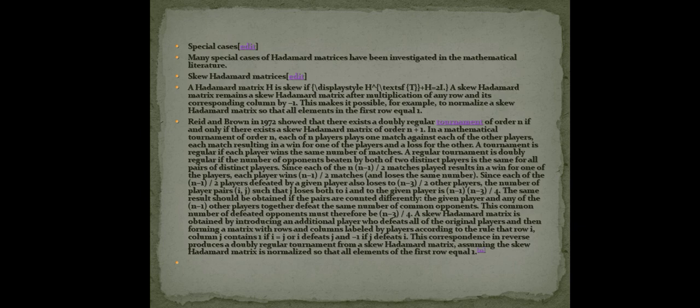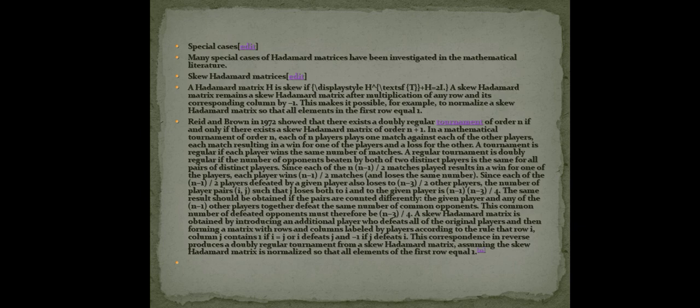This makes it possible, for example, to normalize a skew Hadamard matrix so that all elements in the first row equal 1. Reid and Brown in 1972 showed that there exists a doubly regular tournament of order n if and only if there exists a skew Hadamard matrix of order n plus 1.